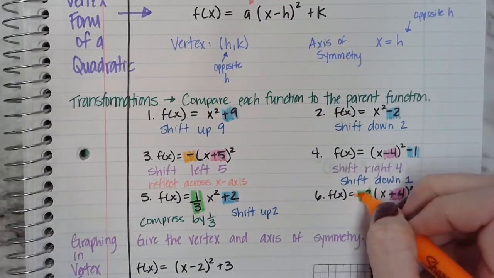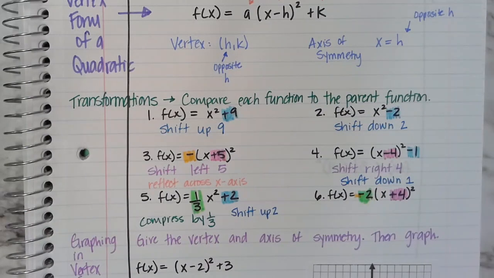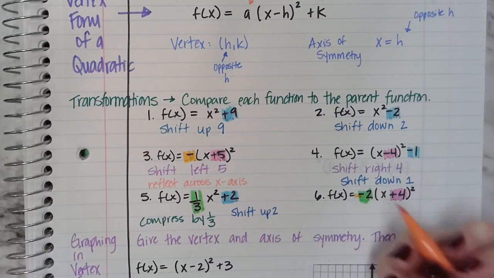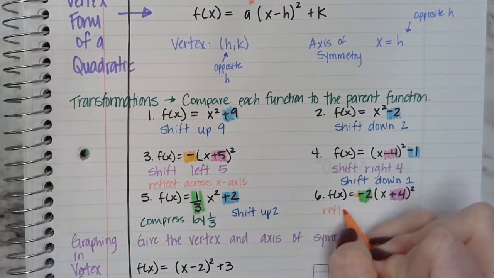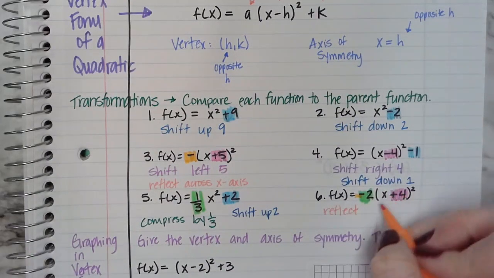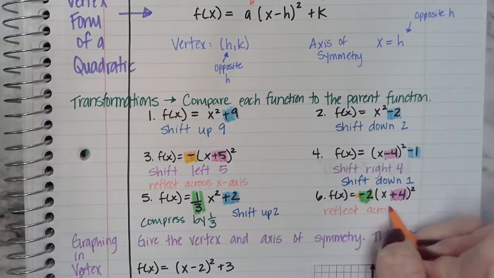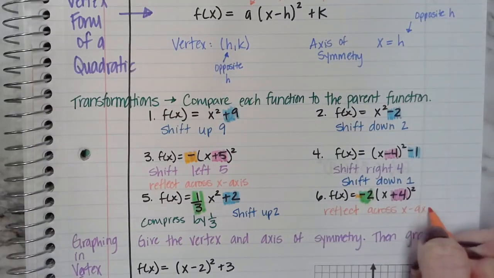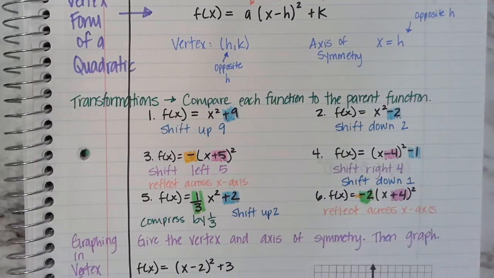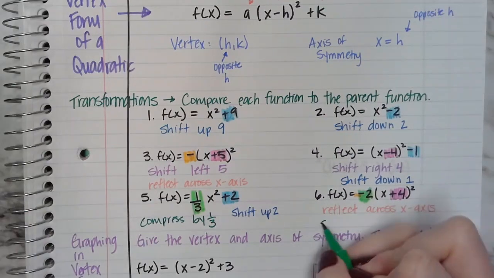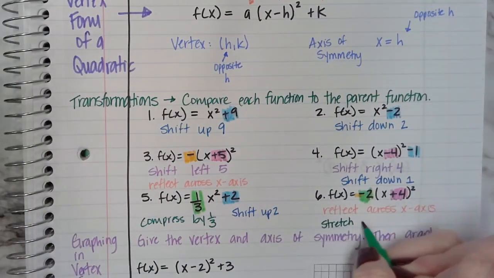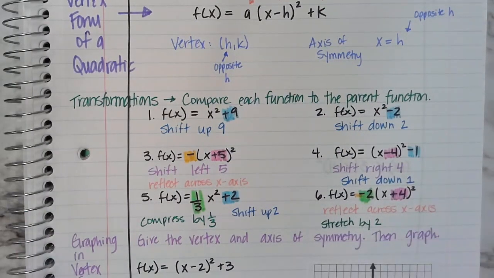Oh, it should be orange. So we have reflect across the x-axis because of that negative. We've got to make sure we're labeling all of them. Then we have stretch by 2. And then we have left 4.